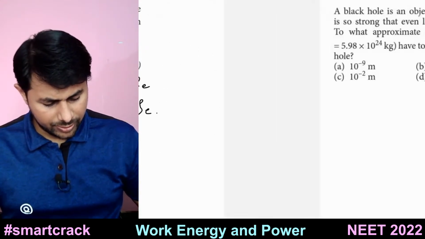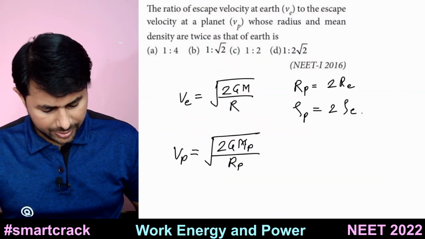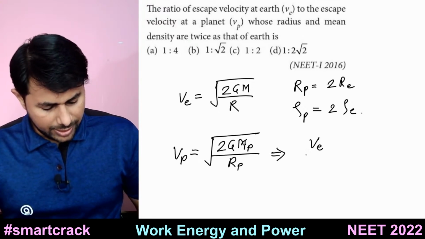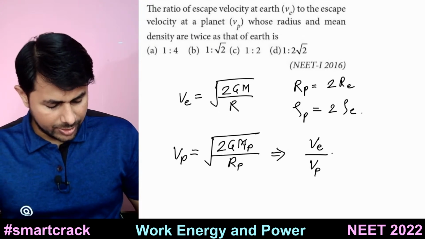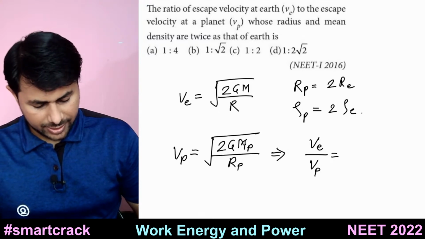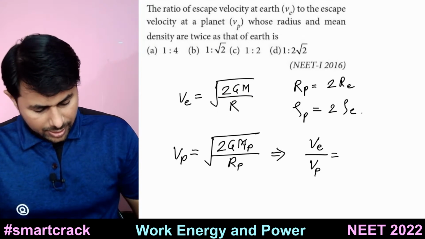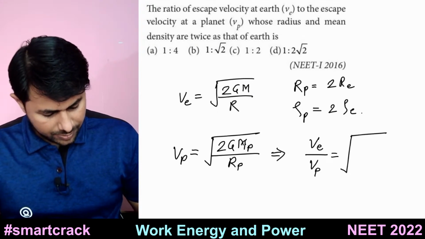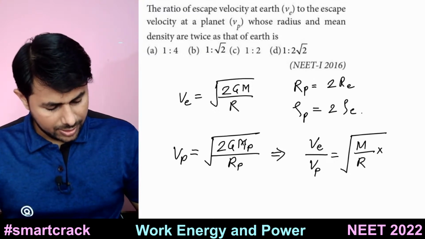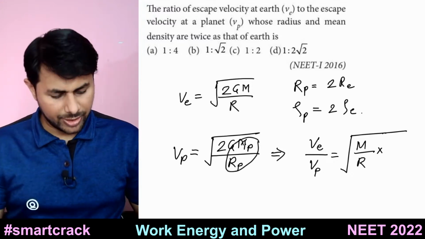Okay, so we have to solve this. Now we can divide it. So let's divide the first equation by the second equation. What do we get? This gives us escape velocity on Earth divided by escape velocity on planet. It is equal to, so 2 and G will get cancelled if we divide these two equations. We have M divided by R, and then dividing by this will be equal to multiplying by its reciprocal.